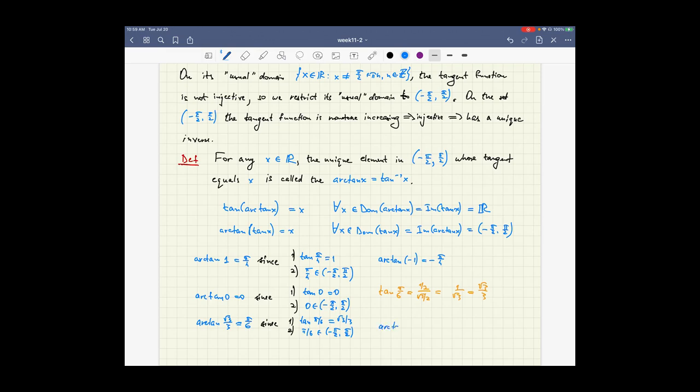Likewise, arctangent of -√3/3 equals -pi/6. We will check that arctangent is odd, for sure.